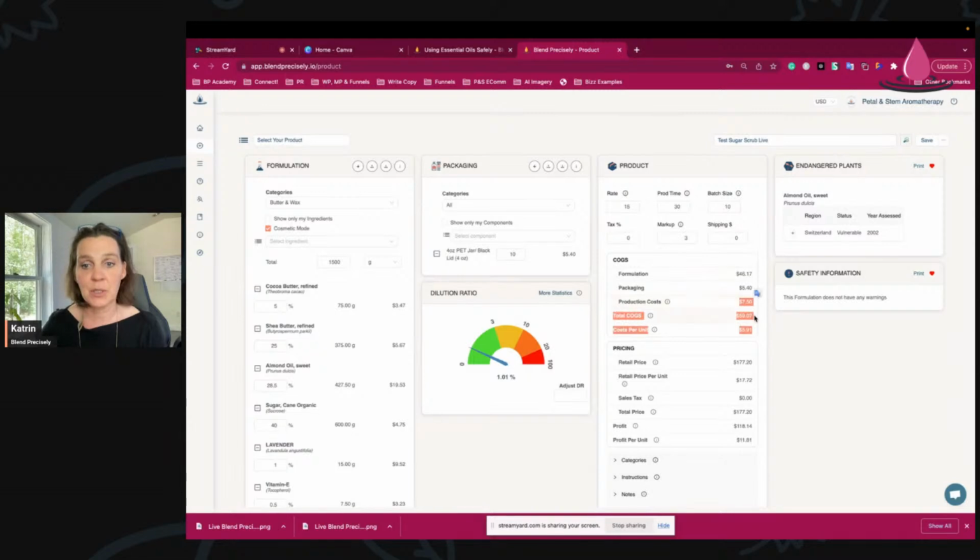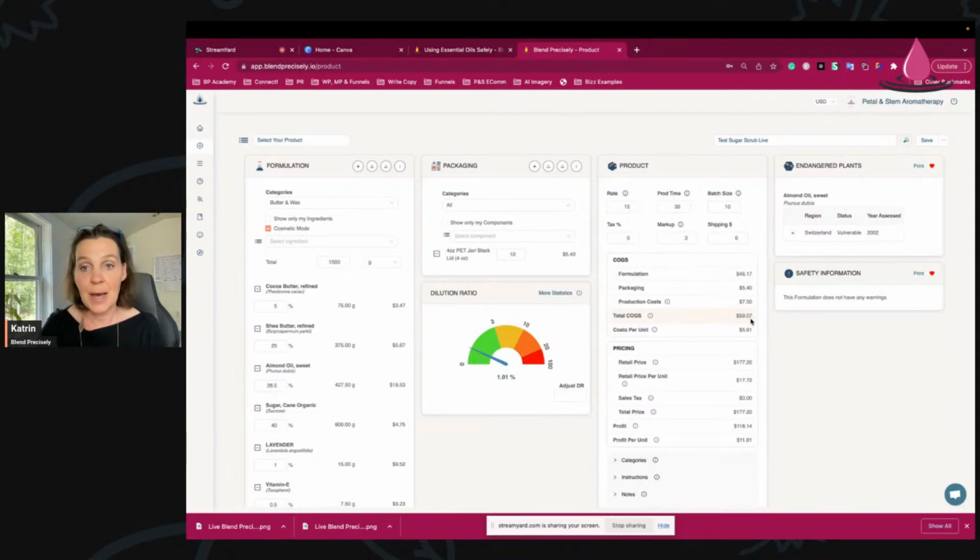So you want to calculate, of course, your hours you spend creating in the kitchen or wherever you are. And then your total costs of goods sold is $59.07.